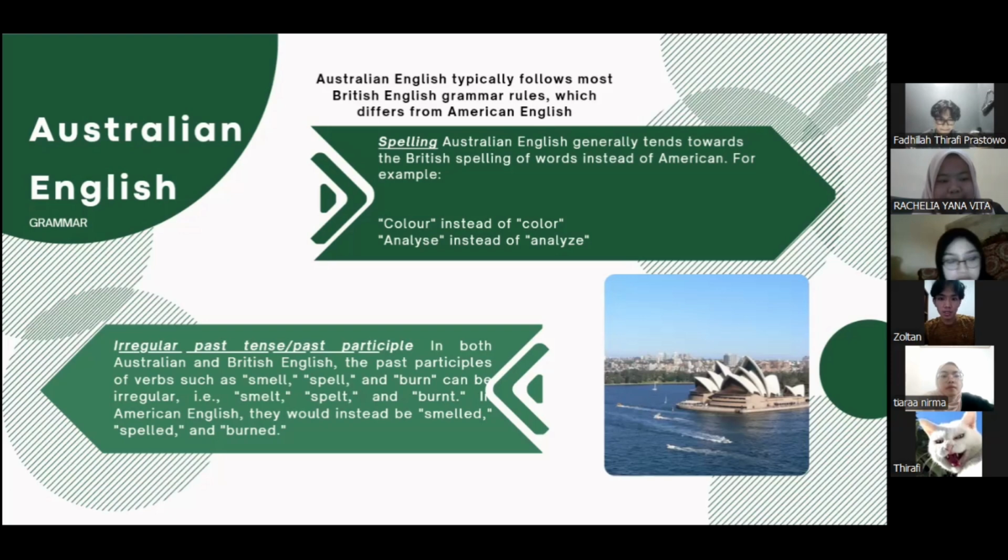Irregular past tense or past participle: in both Australian and British English, the past participles of verbs such as smell, spell, and burn can be irregular. Smelt, spelt, and burnt. In American English, they would instead be smelled, spelled, and burned.